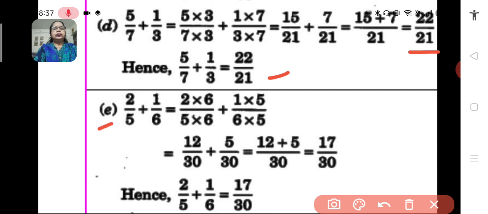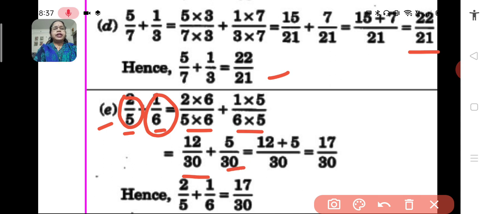Problem E. 2 upon 5 plus 1 upon 6. Here also 5 and 6 have a common factor 1. So, this fraction we will multiply by 6 and this fraction we will multiply by 5. This we have done. So, what do we get? We get 12 upon 30 plus 5 upon 30.